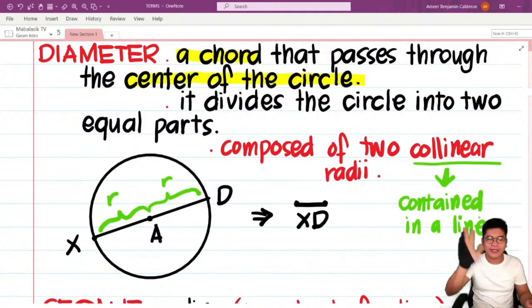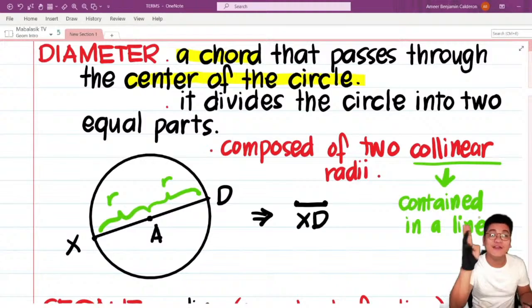Okay? So ano yung mga characteristics ng diameter? Una, it is a chord, meaning its endpoints are points on the circle. Pangalawa, it is a chord that passes through the center of the circle. Pangatlo, it divides the circle into two equal parts.